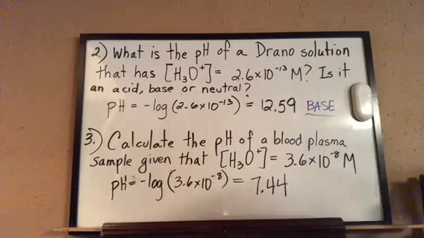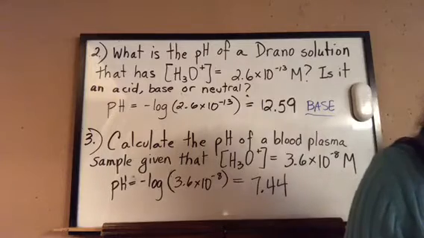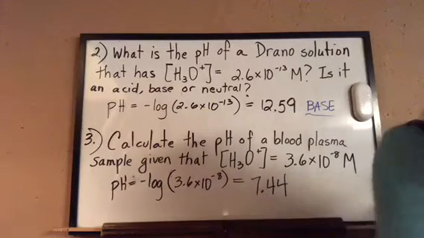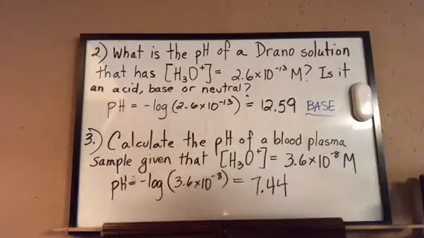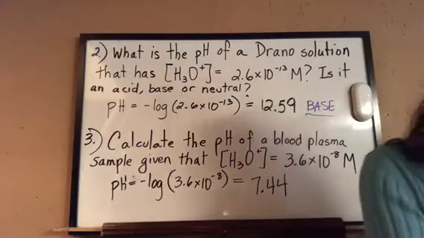So pH calculations are very straightforward. Take the negative log of the hydronium ion concentration. The rest of chapter 14, they talk about some reactions of acids and bases and acid-base titrations, and so they actually pertain to lab.